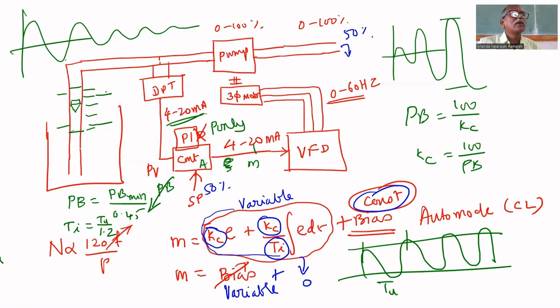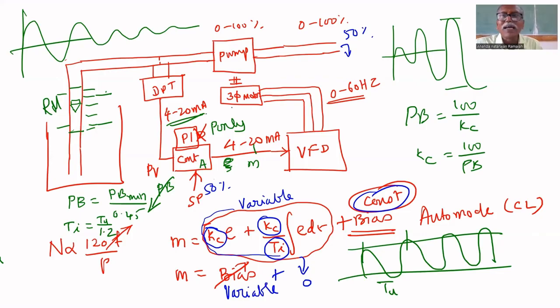Directly put the controller in auto mode, give some set point, give minimum controller gain or PB maximum, and gradually decrease the PB. At one point, it will exhibit sustained oscillation like that. It means in the rotameter, the bob will go up and down with constant amplitude.